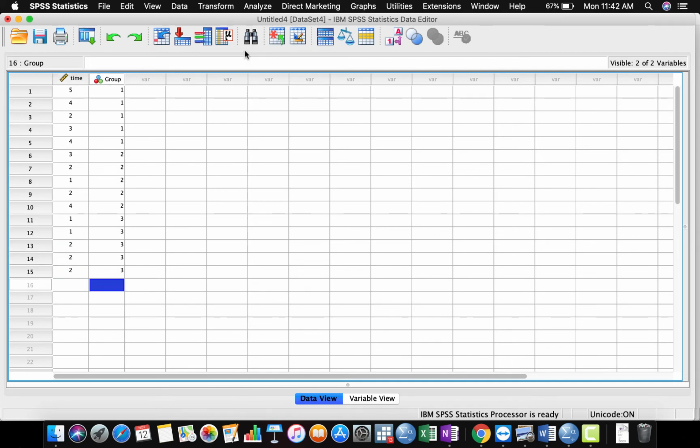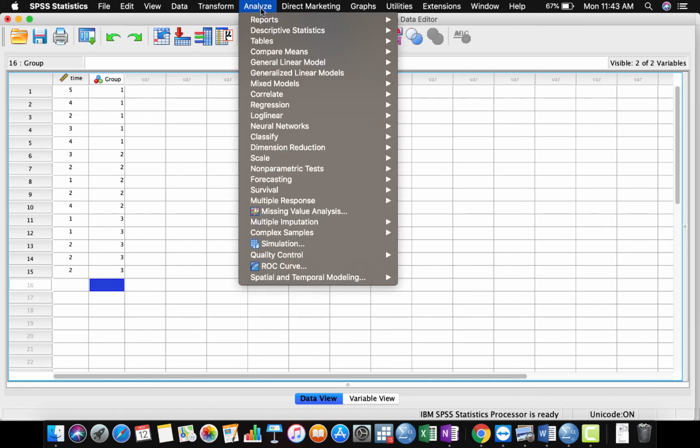Of course, we need to check all the assumptions, right? The first assumption is that the dependent variable should be numerical and the independent variable should be categorical with 2 levels. Now we have more than 2 levels, 3 levels. The second one, each group should be normally distributed. But for the sake of knowledge, we want to skip assumptions 1, 2 and 3. We just want to show you how to do the analysis.